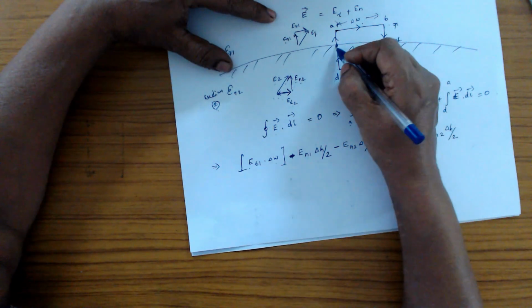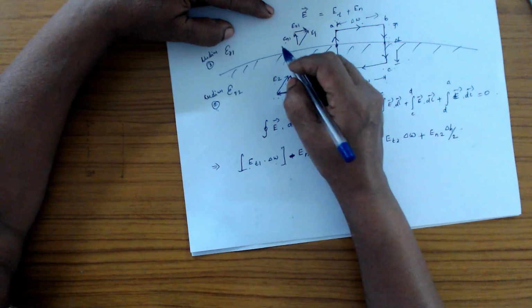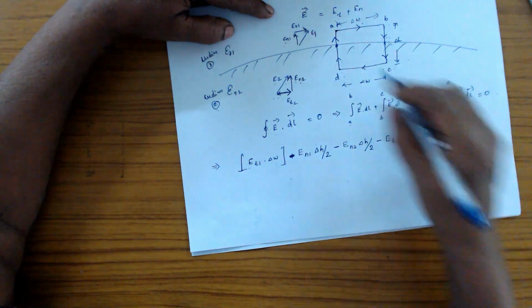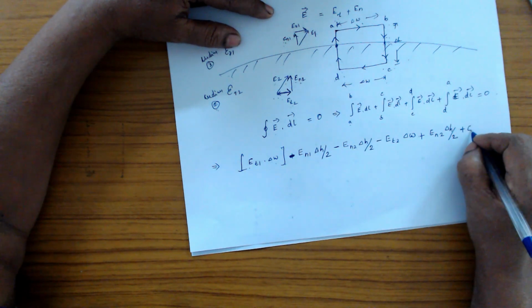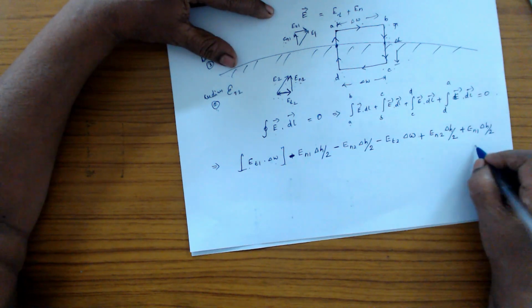And similarly from the junction to A, the direction is similar to En1. You need to note down both the directions. These directions are the same, so I can put plus En1 into delta H by 2. So that is equal to 0.